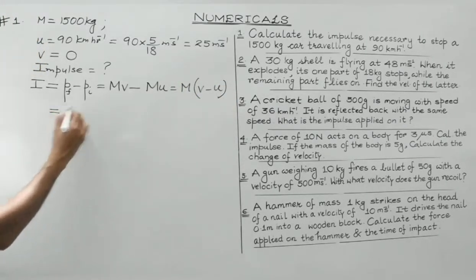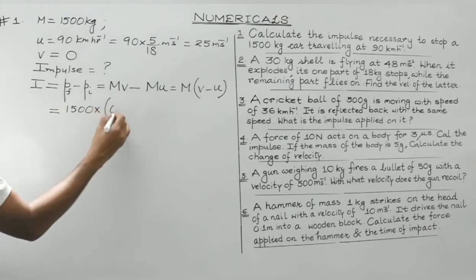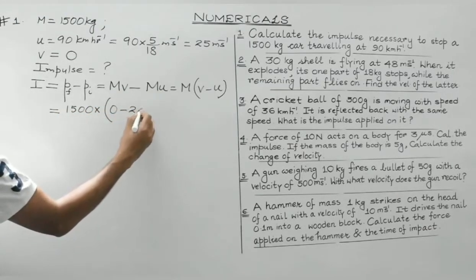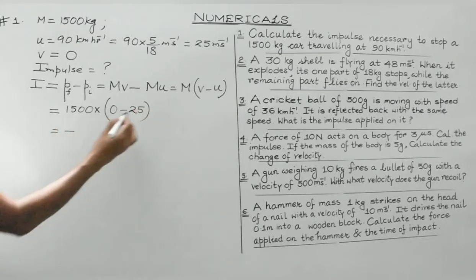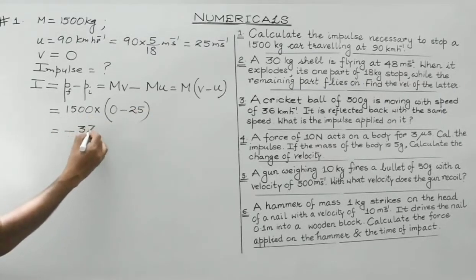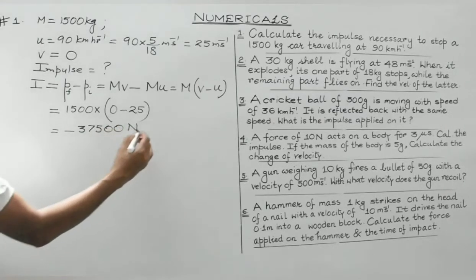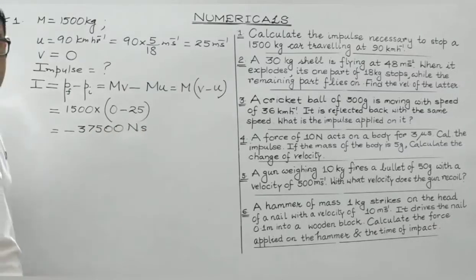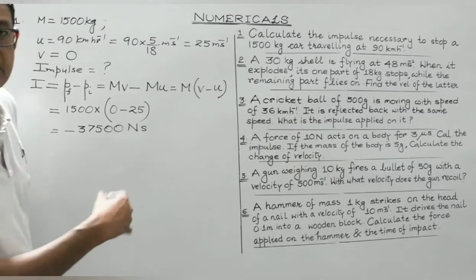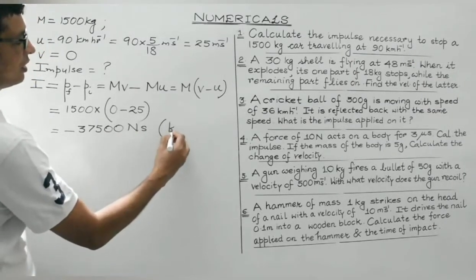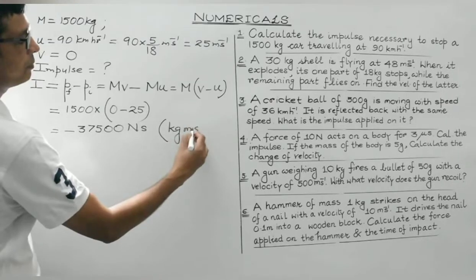So let's solve it. Mass is 1500, final velocity is 0 and initial velocity is 25. So if you solve it, 15 into 25 will give us 37500, and its SI unit is Newton second, force into time, isn't it? If you expand it in basic units, it can also be written as kg meter per second.